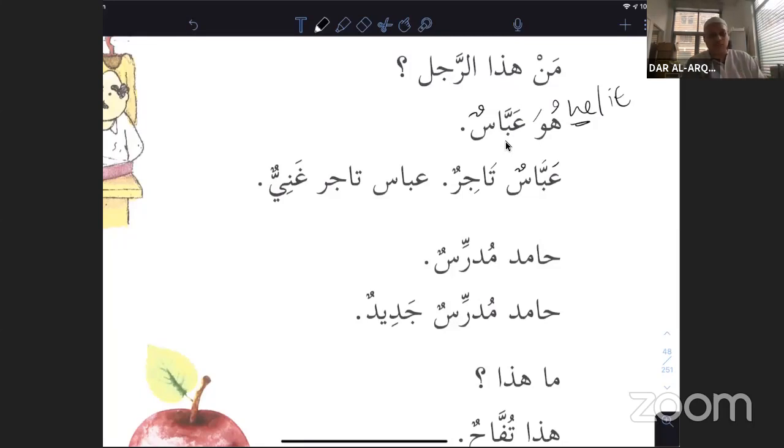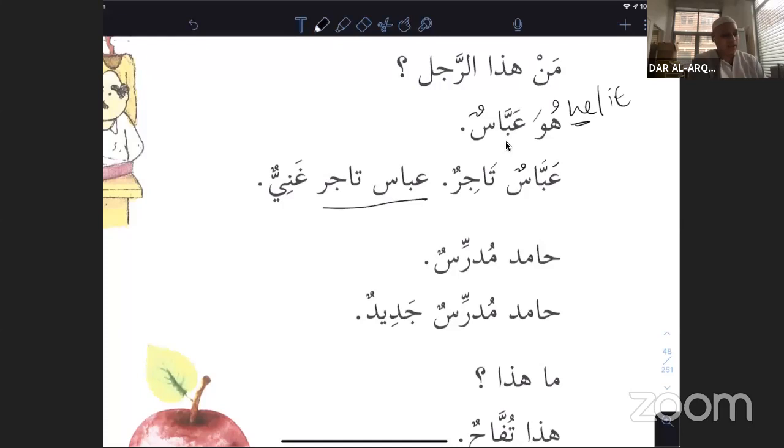So by default, the name is known. Yani al is already embedded within the name, because we know who Abbas is. If I say rajulun, it can be any rajul. Because we're saying Abbas, we know who we're talking about. Therefore, al you could say is there, even though it's implied. Hence why we say Abbasun is a trader rather than making it Na'at and Man'ud.